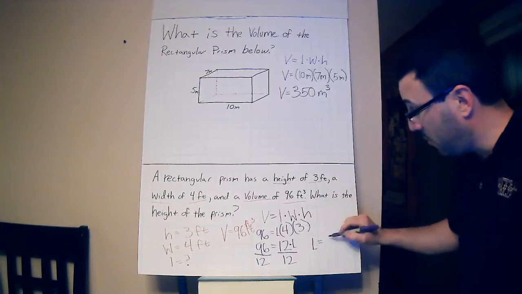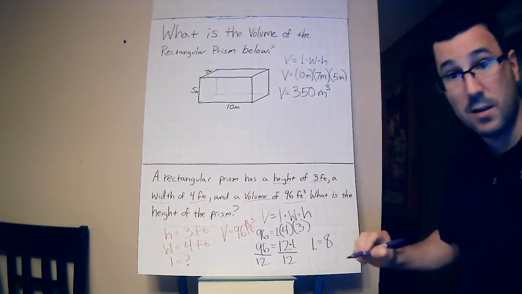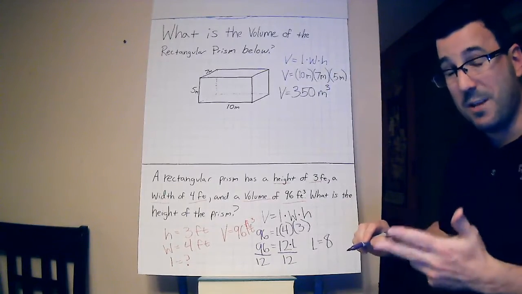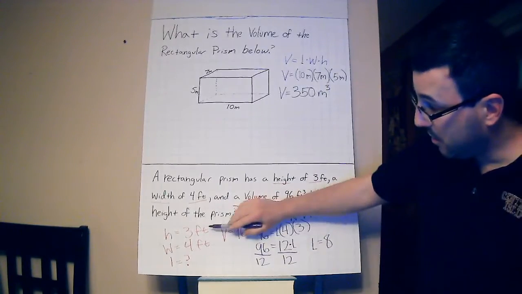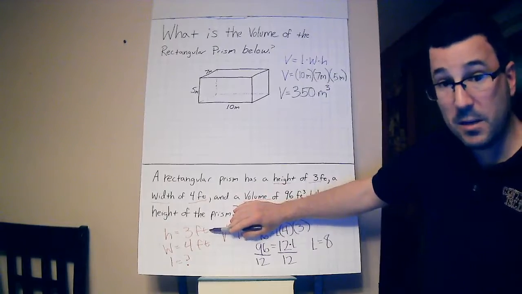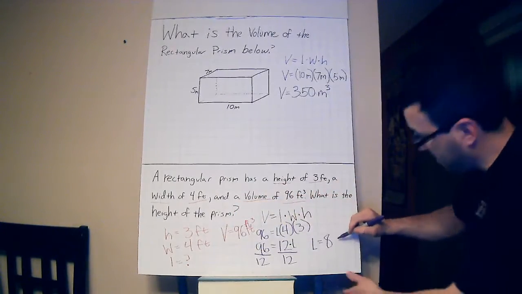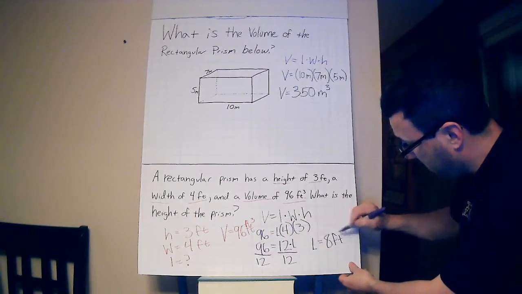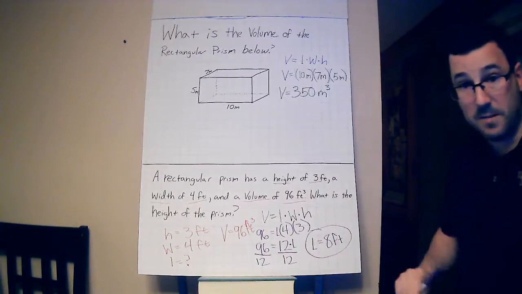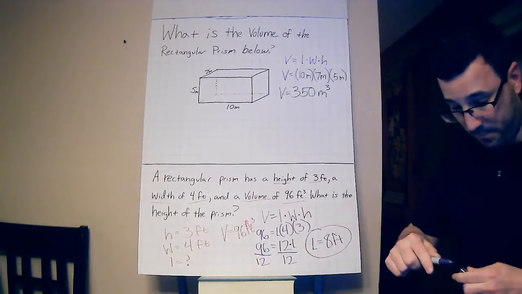And I'm left with 8. Now, since this is one of the 3 dimensions that we would multiply together, as you see, 3 feet, 4 feet, well, then this has to be 8 feet. And that's what you do.